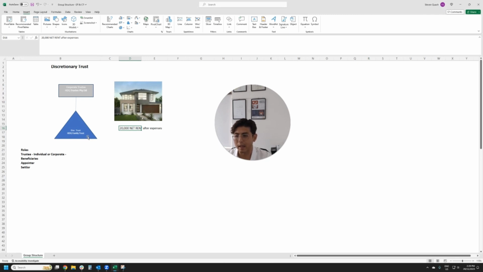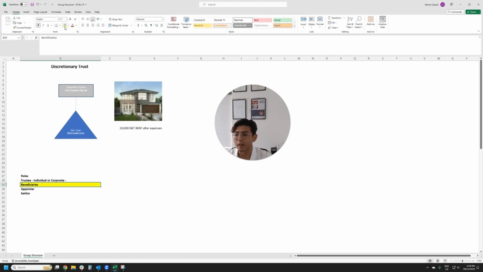So what happens at the end of each financial year? In the trust deed, we would have elected some beneficiaries. So let's say the beneficiaries of this trust are Stephen and Stephanie. The directors of the corporate trustee before 30 June can determine the proportion of income that is to be distributed to the beneficiaries.